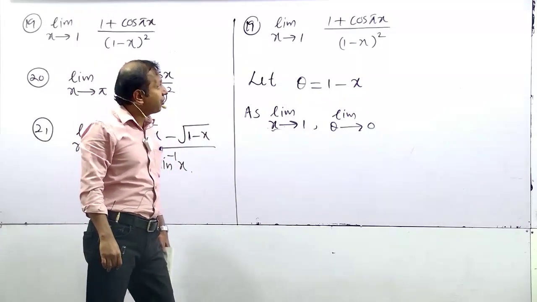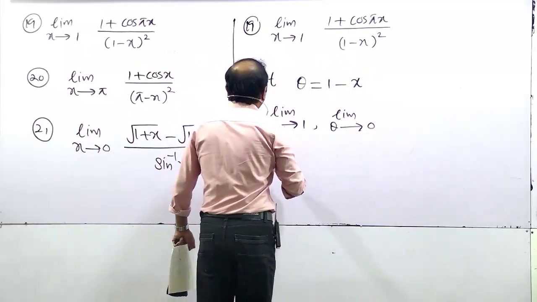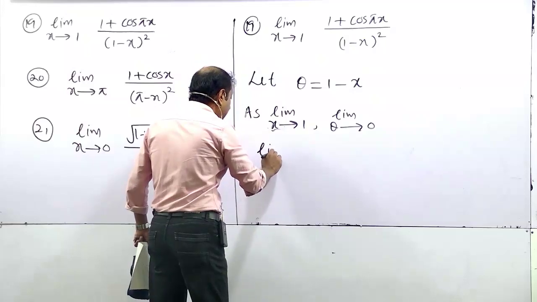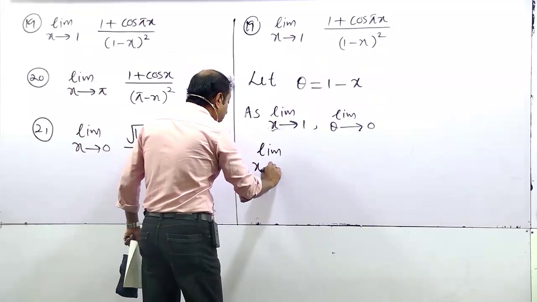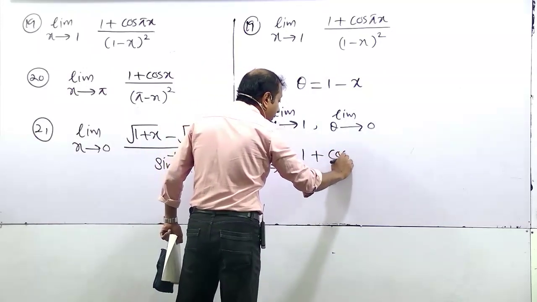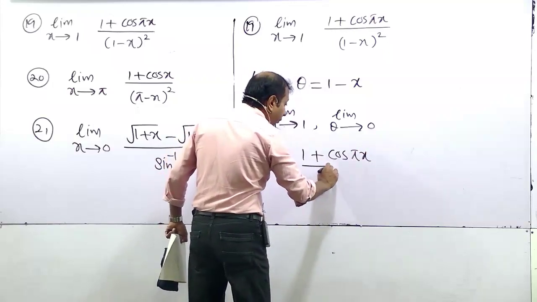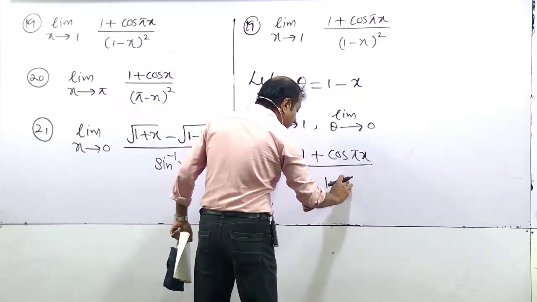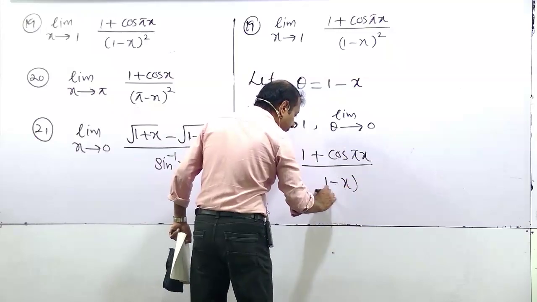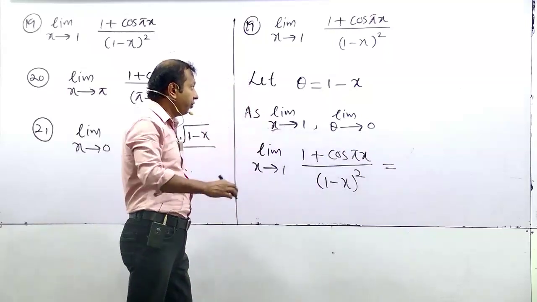Now we'll start the question. We write limit x going to 1 of 1 plus cos pi x over 1 minus x, perfect squared. This is the given question, and now we are going to evaluate it through this substitution.